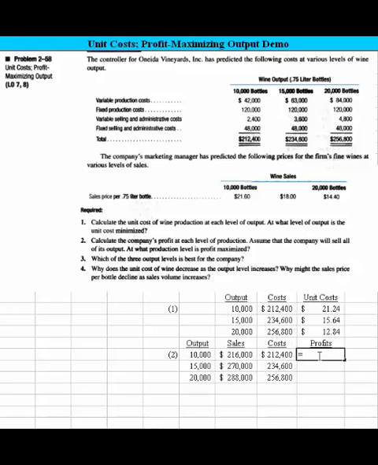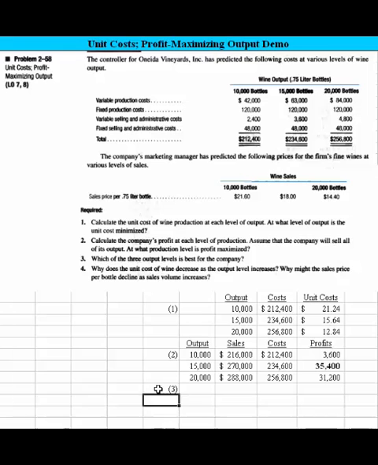And profits then would equal that cell less that cell, right? We can copy that down, and we've answered part 2, dealing with what's the profit at every level, and which level results in profit maximization. Well, I'll bold it, and that's the 35,400. We see profit is maximized.